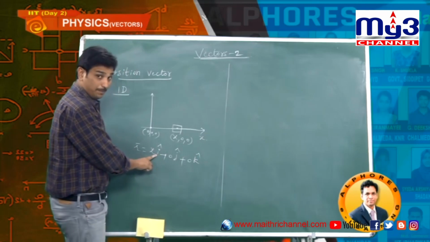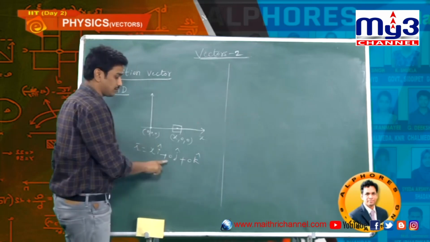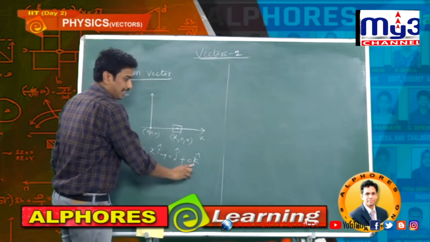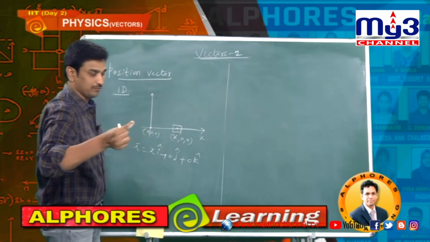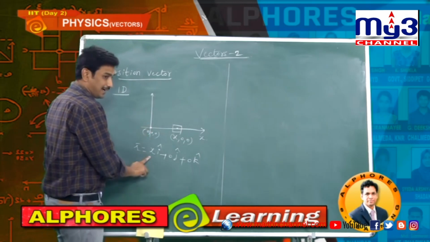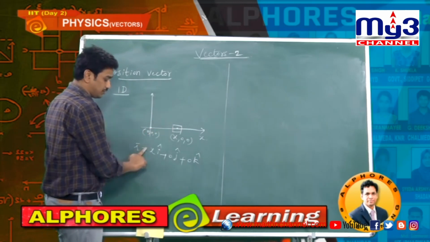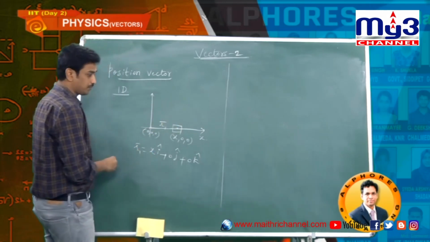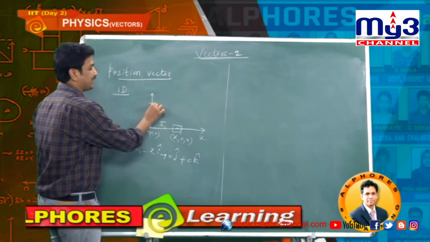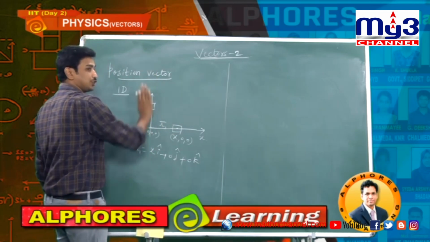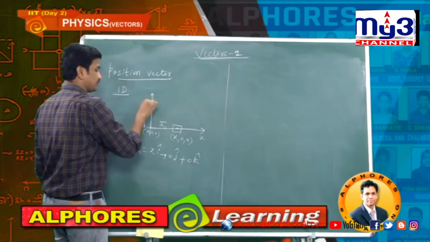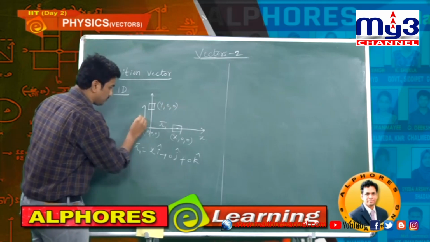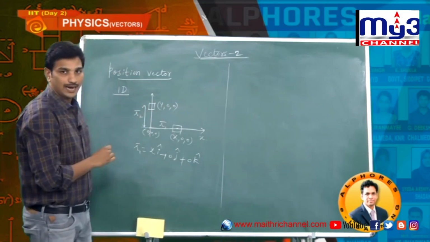i cap represents the direction of the x axis, j cap the direction of the y axis, and k cap the direction of the z axis. If the particle is moving along the x axis, this is the position vector. Let it be r1 bar. Suppose the particle is moving along the y direction. Where is it? (0, y, 0). Let this position vector be r2 bar.